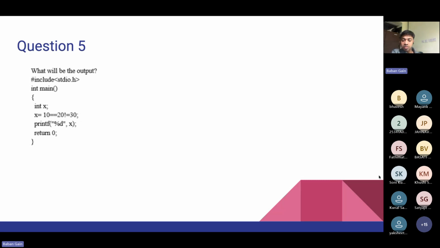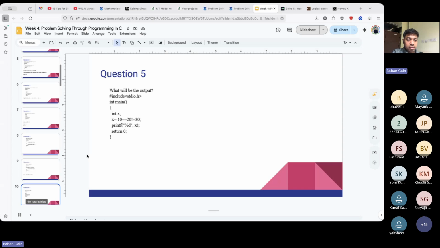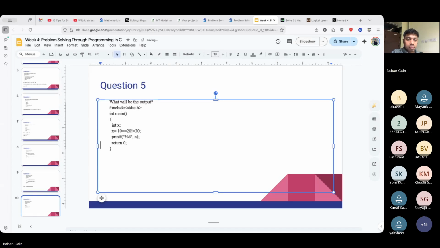So what will happen is that 10 equal to 20 will get executed first. It will be like this: 10 equal to 20, and then not equal to 30. 10 equal to 20 is false, because they are not similar.